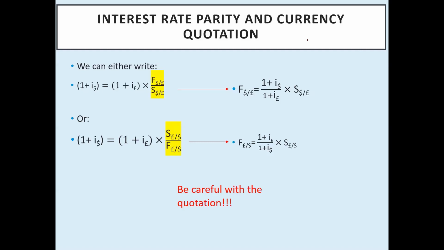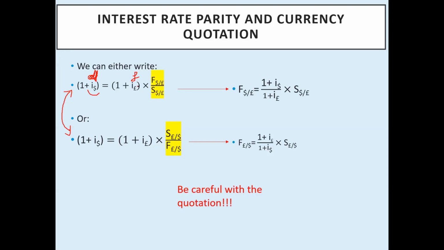So in the next step, I'm just going to rewrite the interest rate parity condition, and I'm going to show you two different ways to write it. In the first case, this is my domestic country, so for domestic, I'm going to write D. On the left-hand side, I've got the interest rate in the domestic country. On the right-hand side, I've got the interest rate in the foreign country.